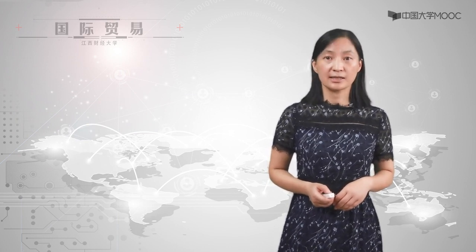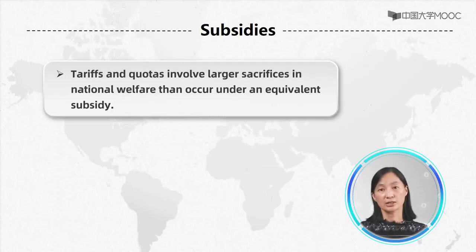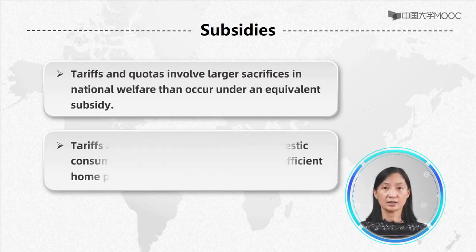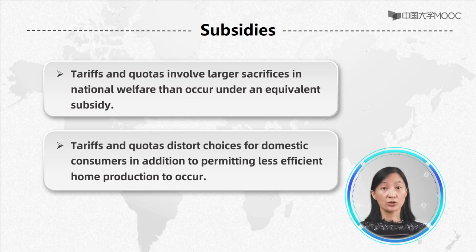To encourage production by its import competing producers, a government might levy tariffs or quotas on imports. Tariffs and quotas involve larger sacrifices in national welfare than occur under an equivalent subsidy. Unlike subsidies, tariffs and quotas distort choices for domestic consumers, resulting in a decrease in the domestic demand for imports, in addition to permitting less efficient home production to occur.